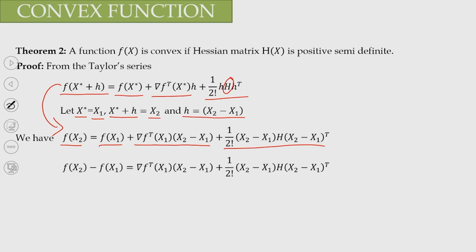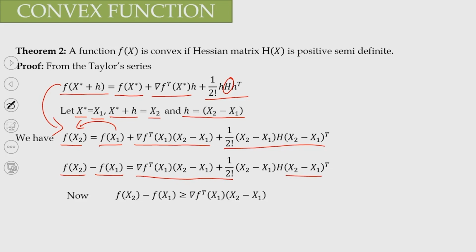Now, if I rearrange the terms, taking f of x1 to the other side, f of x2 minus f of x1 equals del f transpose at x1 times (x2 minus x1) plus 1 by factorial 2 times (x2 minus x1) H (x2 minus x1) transpose. Now, what is the definition of a convex function?